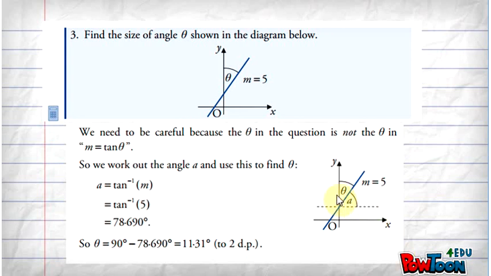The angle that the line makes with the positive x-axis is this angle here, A, which is the same as this one, its corresponding angle. So when we find A by saying A is tan to the minus 1 of 5, because we're told the gradient is 5, we get A is 78.69, so theta obviously is 90 minus A, 11.31. Hopefully you got that.